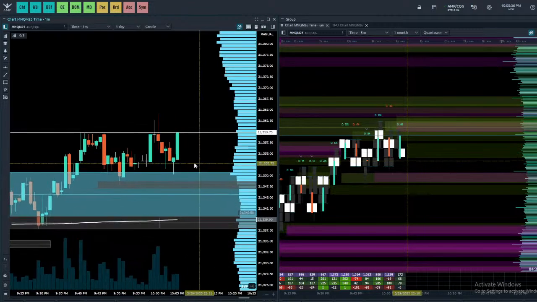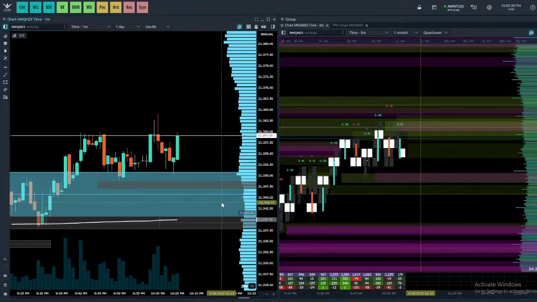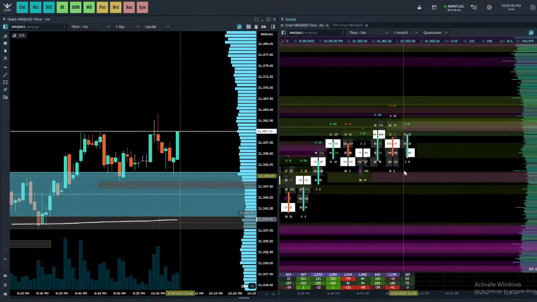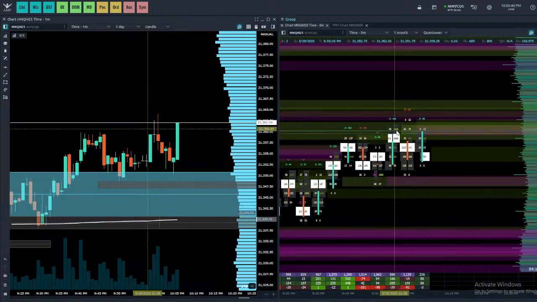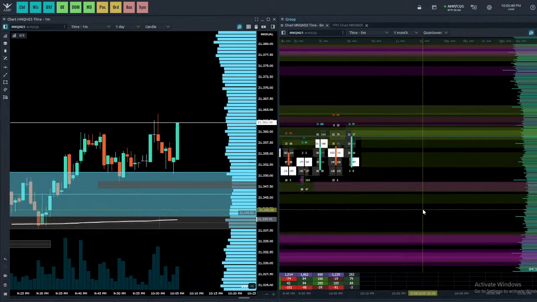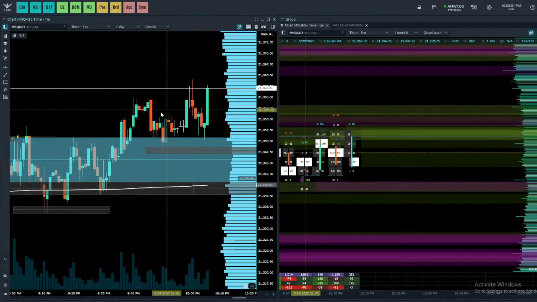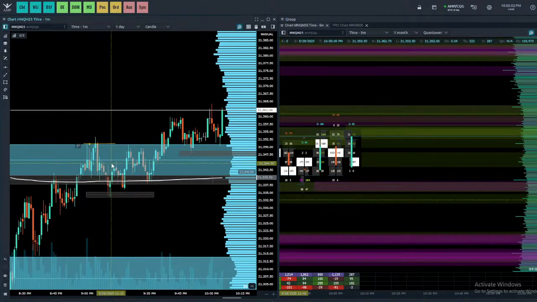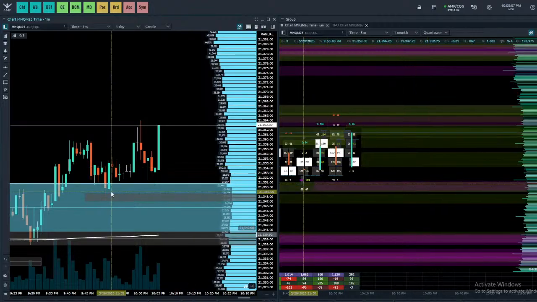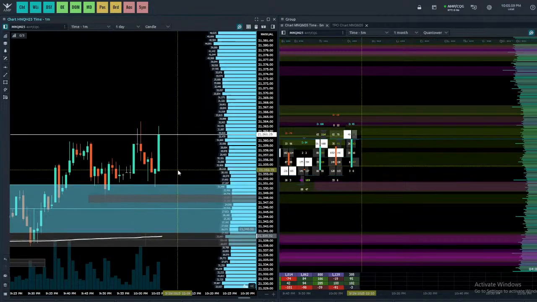I missed another long right here, but we'll see. We're not really making a higher high, looking at my footprint as well. Still in continuation. Yeah, that was another chance for re-entry right here.